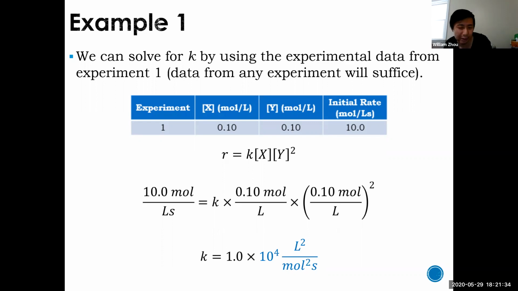It just so happens by accident that this question had x to the power of 1, y squared. And because you had to square y, you have to square the moles per liter. You got this unit. What if x was also second order? So x squared, y squared. Then you wouldn't have this unit anymore because you would have squared the moles per liter on the x as well.